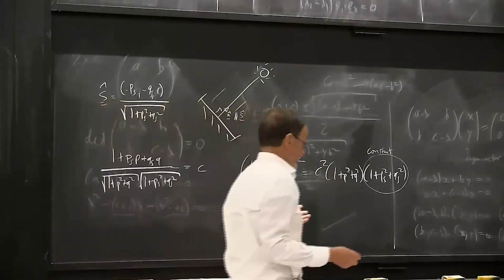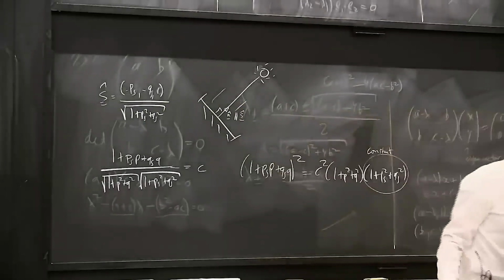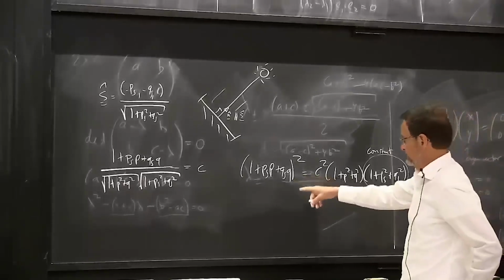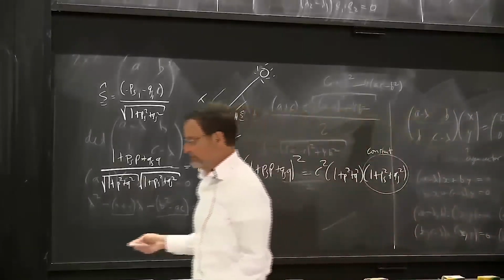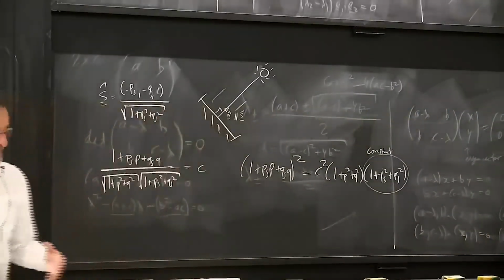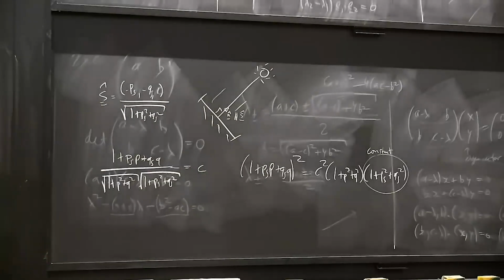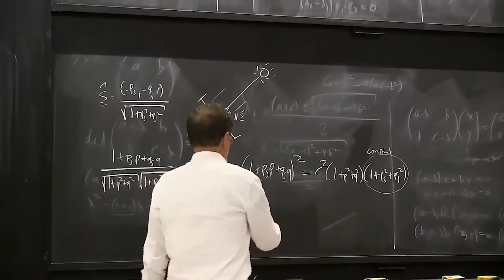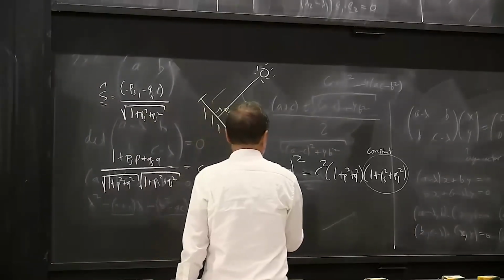And then the question is, what kind of curve does this define in PQ space? Well, if you multiply it out, you're going to get some constant terms, some terms proportional to P, some proportional to Q. The highest order terms you're going to get are second order.